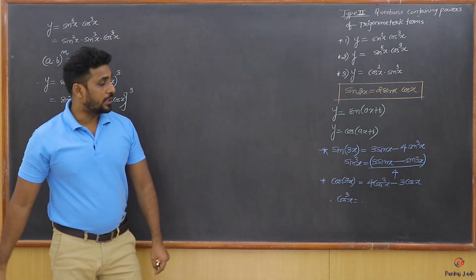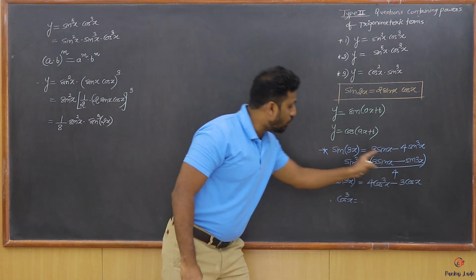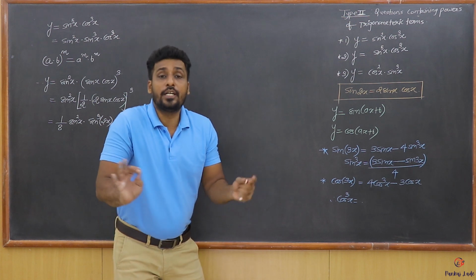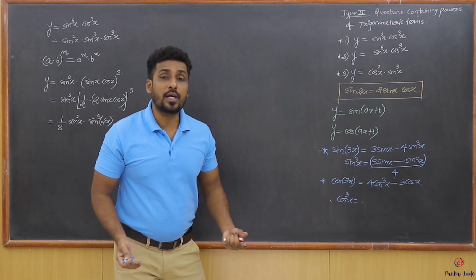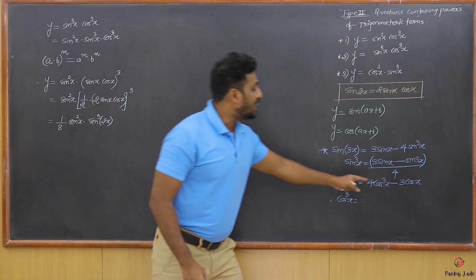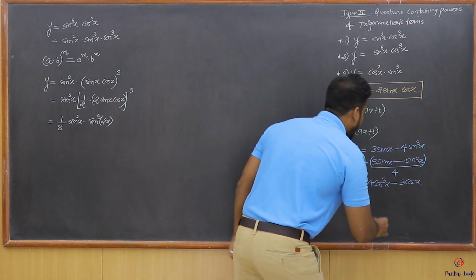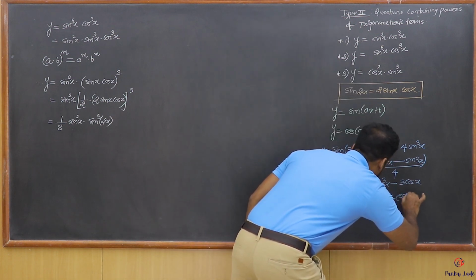Here I can say cos cube x is going to be that minus 3 cos x. Now you need to send the minus 3 cos x on the other side, because you already have 4 cos cube x with the positive sign. Do not change the position of 4 cos cube x, because it is already positive. I just need to send the minus 3 cos x on the left. It becomes positive. So I get 3 cos x, the positive term, plus cos 3x.